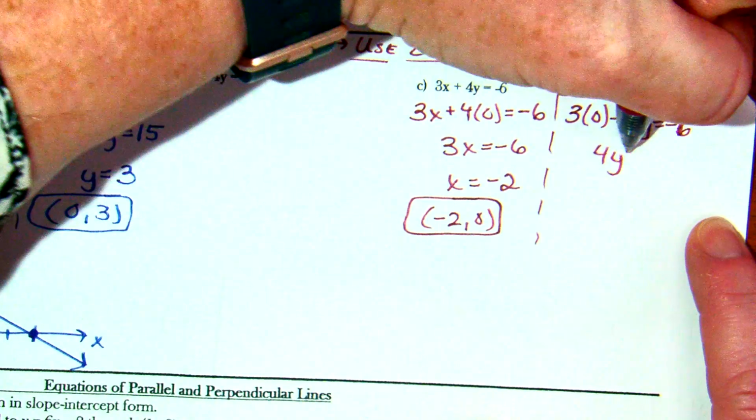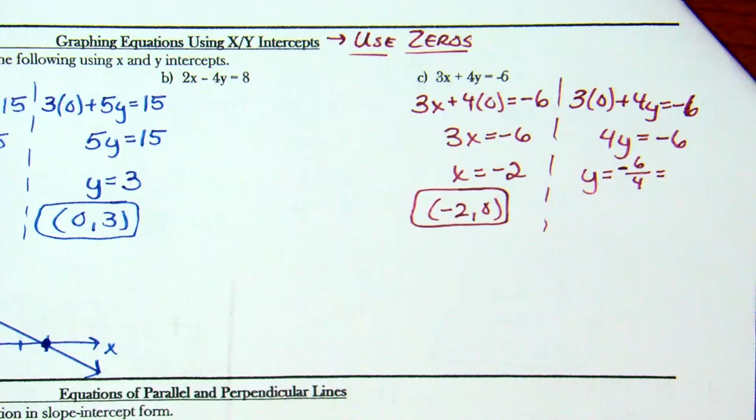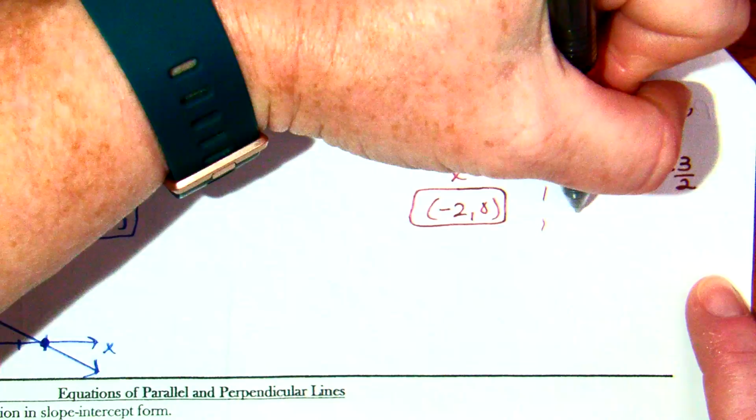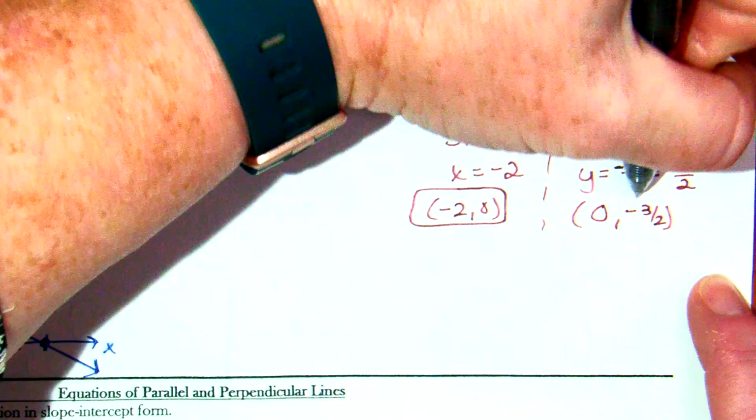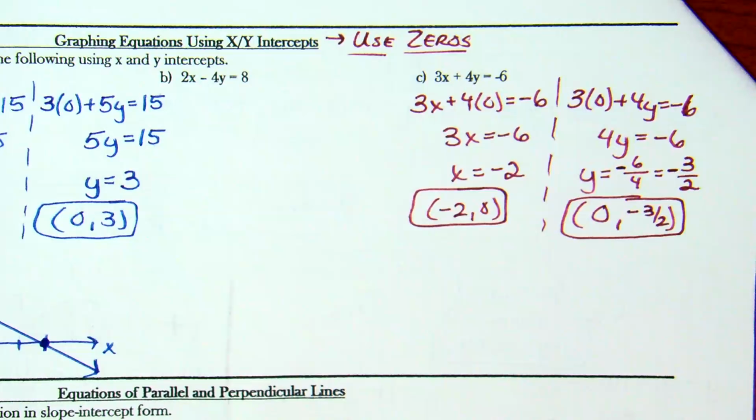Which for graphing purposes, negative 3 halves is what? 1.5? Okay, I have to be able to go left and down. So now, I really just need the third quadrant. An x-intercept of negative 2 means on the x-axis I go where?